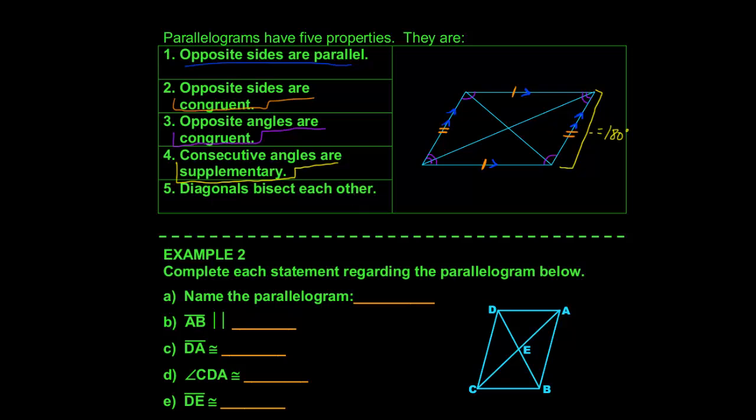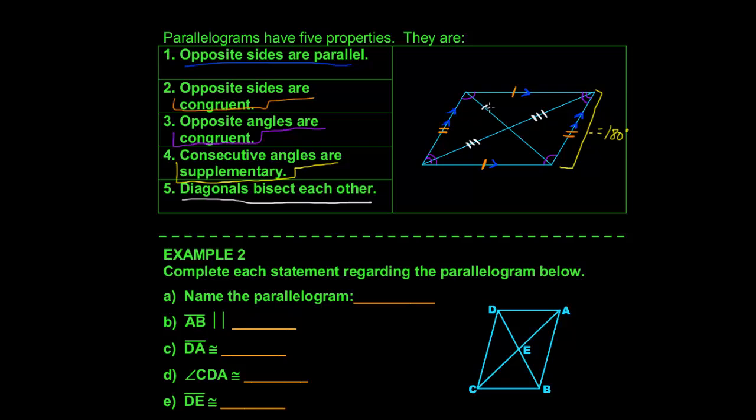And lastly, we have for us that our diagonals bisect each other. So, if we have this diagonal here and this one bisects it, remember what we learned about bisecting. That means these become congruent. Now, we also have this one that gets bisected.